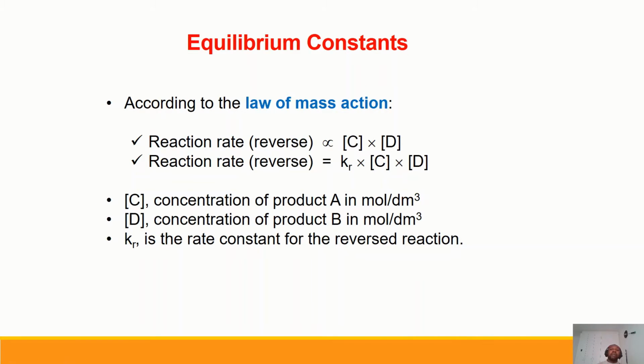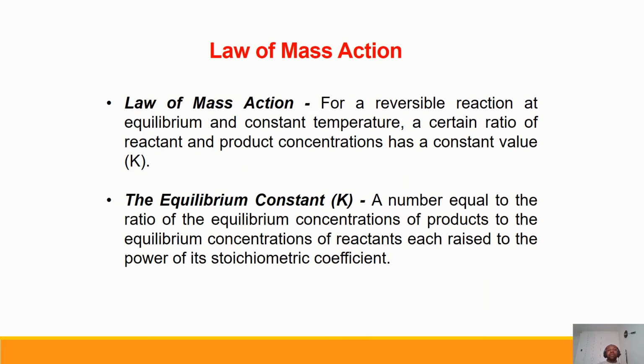So we do the same thing for the reverse reaction, that's from the product backward. So the product is C and D. So the concentration of product C, the concentration of product D, and the Kr is going to be the rate constant for the reverse reaction.